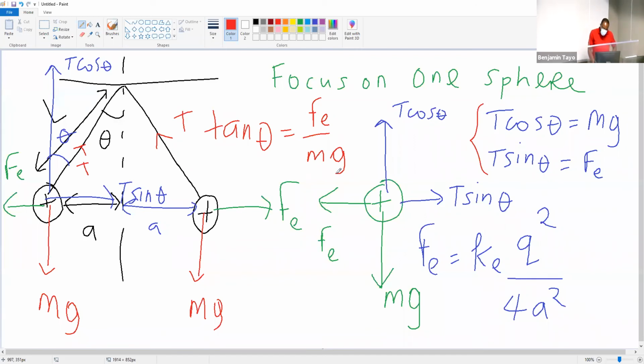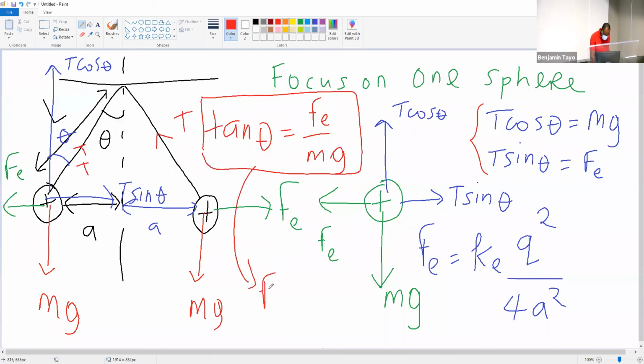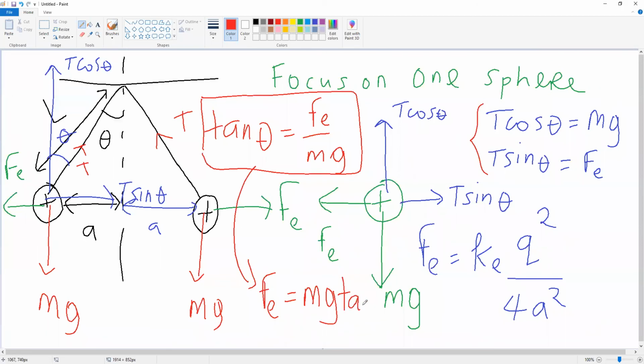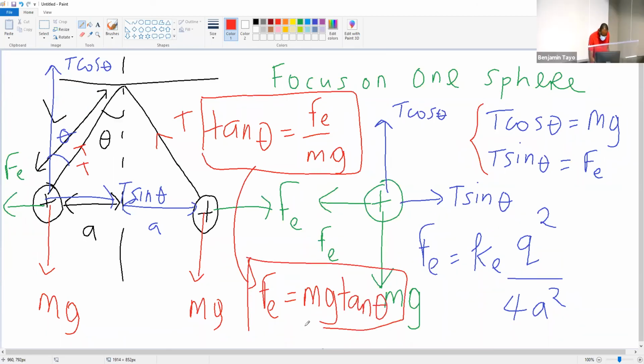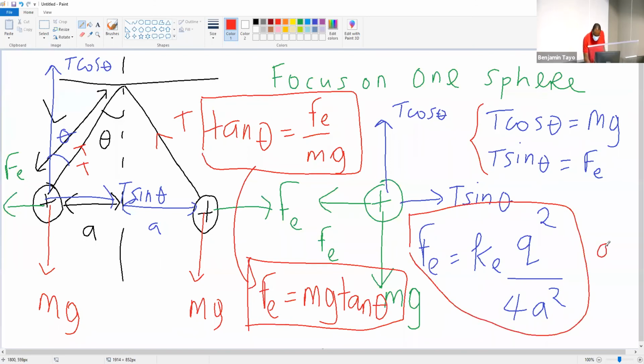So from this equation, I can calculate my F electric as mg tangent of theta. Then once I know this F electric, I set it equal to this value here, then solve to get Q.